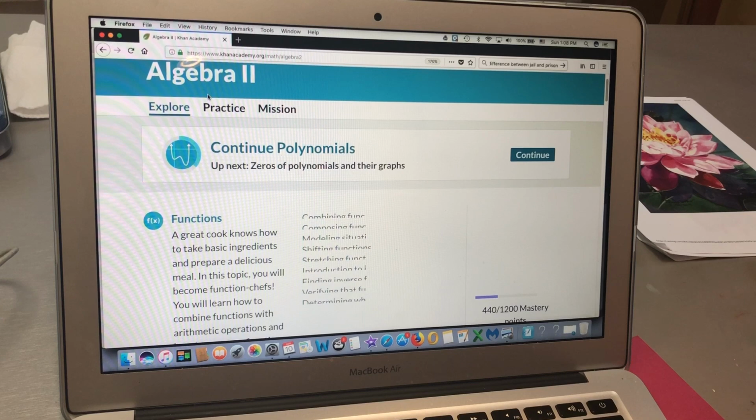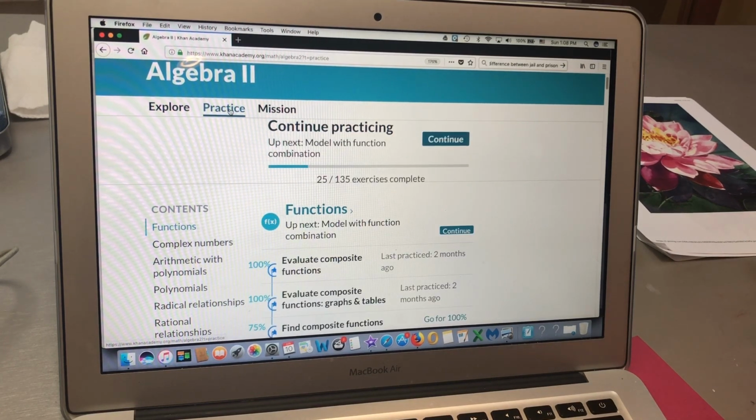Khan Academy is very developed, in my opinion, in the maths section, and they have a lot of practice, so you can click on practice. For some other classes, for example AP chemistry, there is not enough practice. I think when there is a test, it makes your learning more effective.